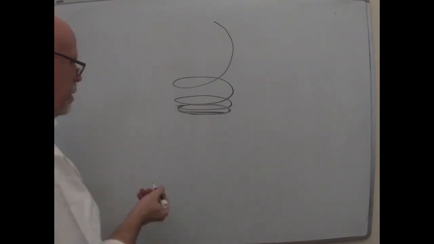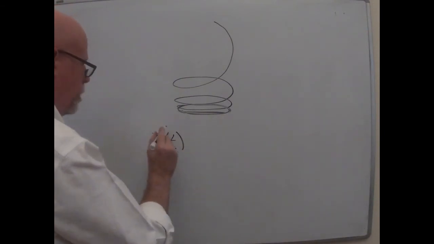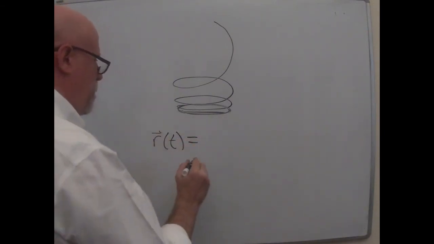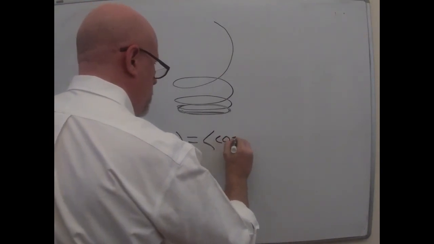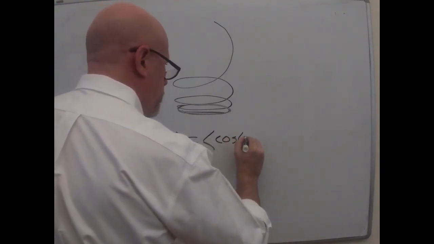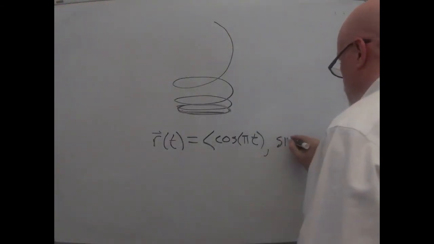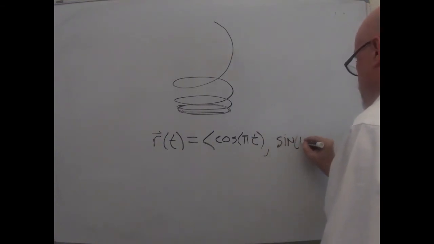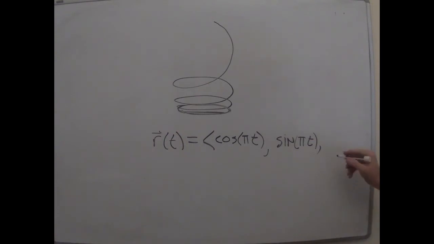And so the position vector here was cosine of, I believe we used pi t in the book, but it could just be cos of t, that'd be fine. The sine, again, keep it scaled the same way, so sine of pi t as well. But the z coordinate is e raised to the negative t.